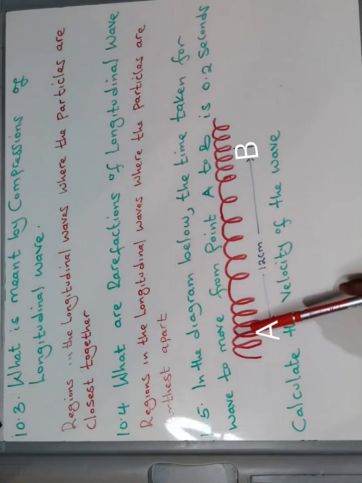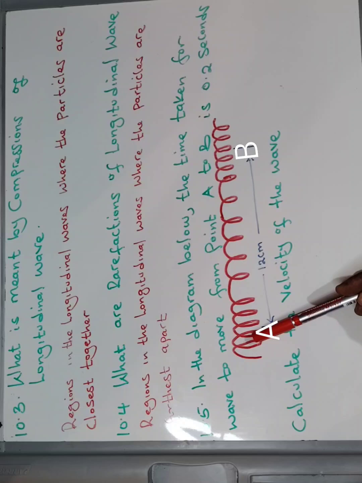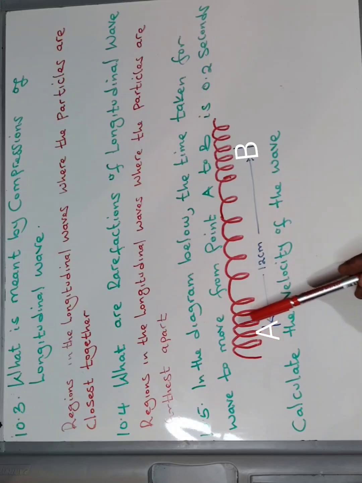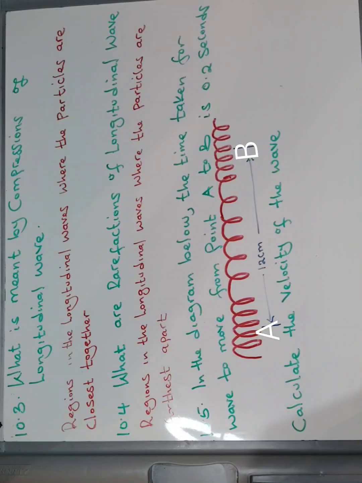First of all, let us analyze this distance given. The distance is from the mid of the compression to the mid of the compression of the next one. Remember we said that the distance between two successive points which are in phase is the wavelength.